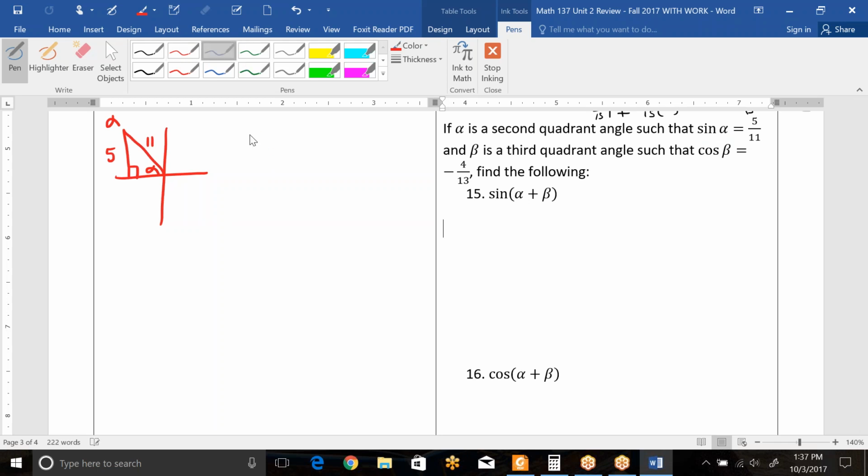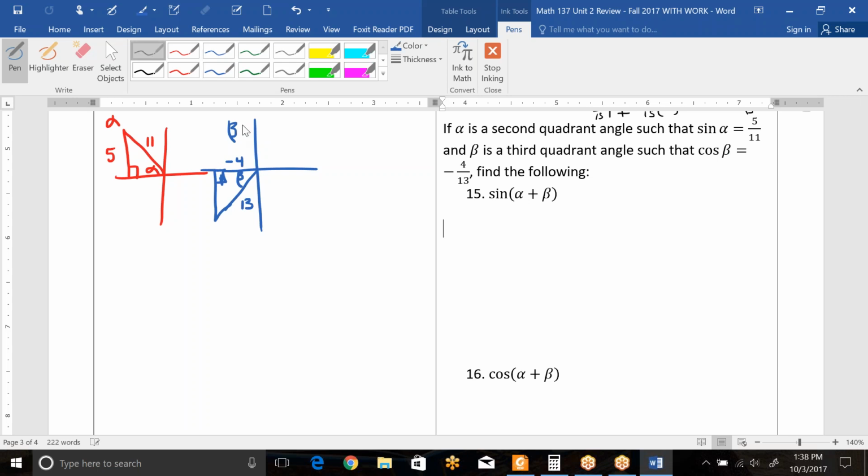They told us that beta is in the third quadrant, so beta's down here. And it has a cosine of -4/13. So -4 for x, 13 for the hypotenuse.